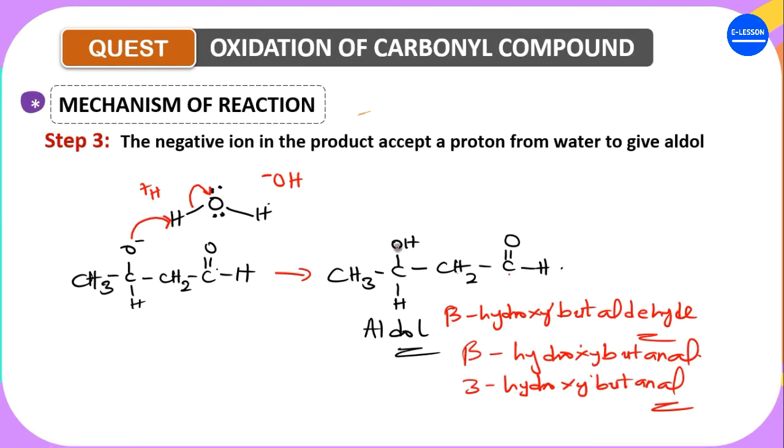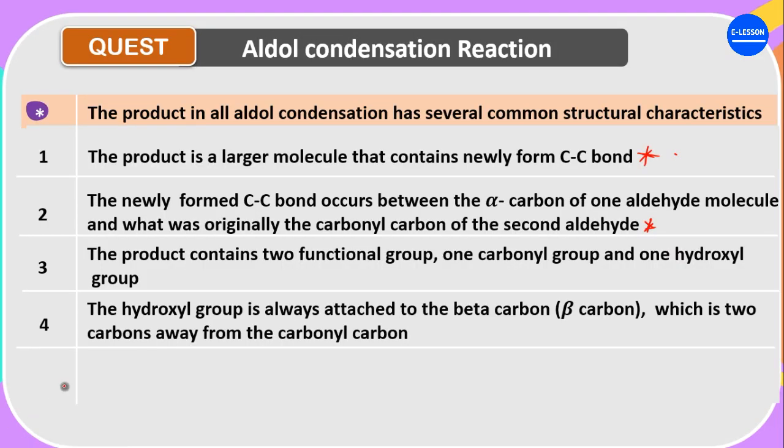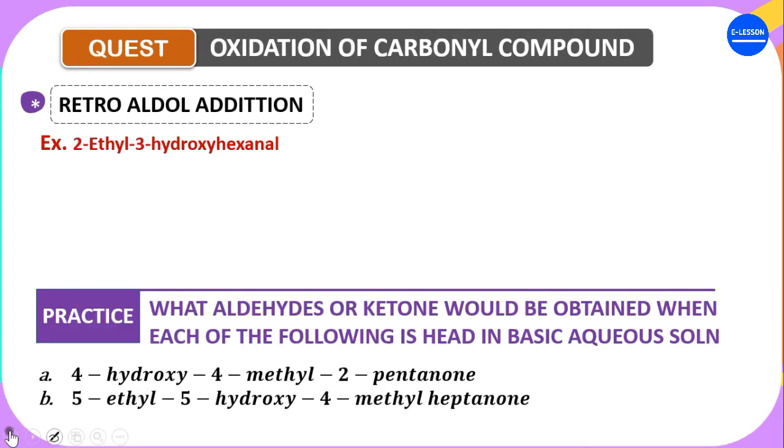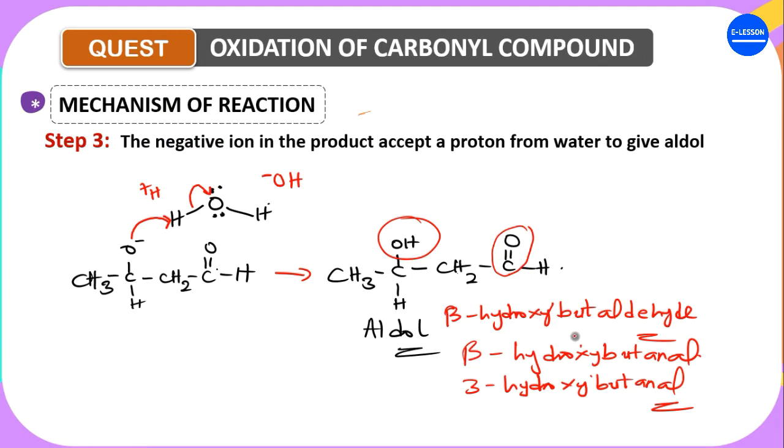The carbonyl is the aldehyde, and the hydroxy group is always attached to the beta carbon, which is two carbons away from the carbonyl carbon. Look at it here. This is the beta carbon, so the hydroxy group is attached to the beta carbon. That is why we call it beta hydroxy butanal, or we can generalize it as a beta hydroxy aldehyde.